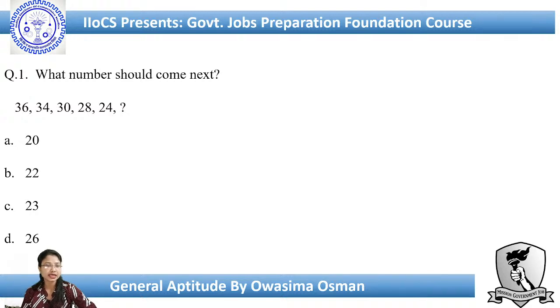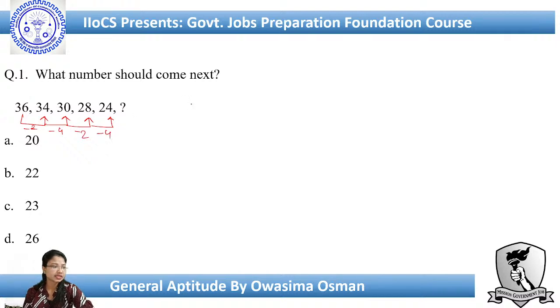Here you can see that 34 is less by 2 than 36, 30 is less by 4 than 34, 28 is less by 2 than 30, and 24 is again less by 4 than 28.